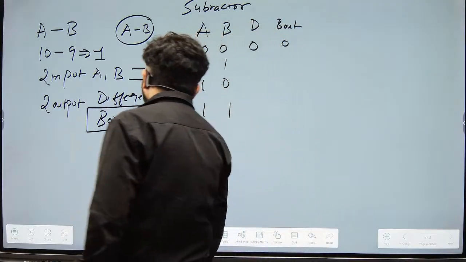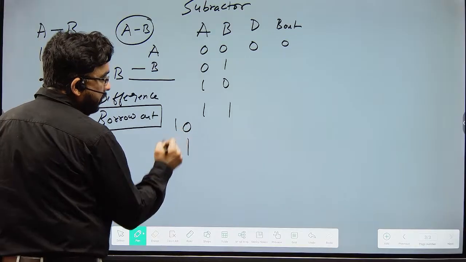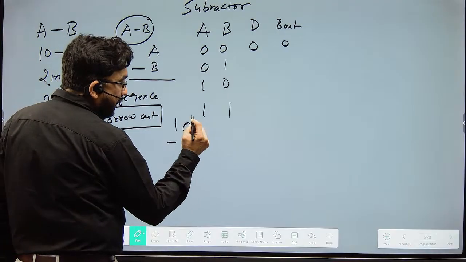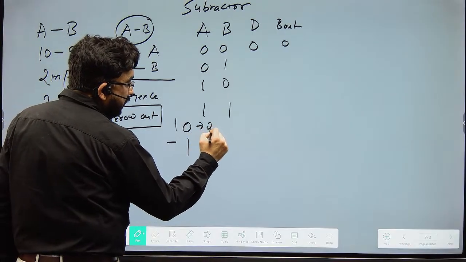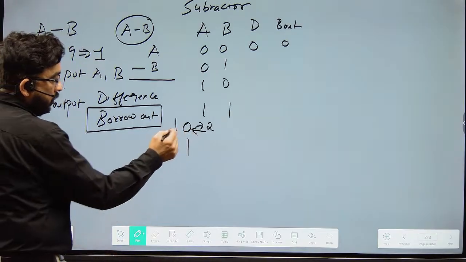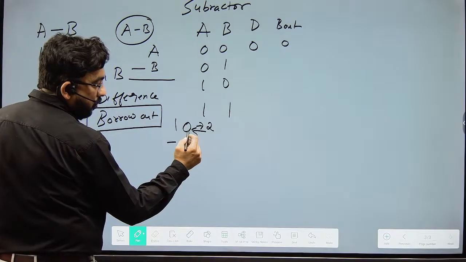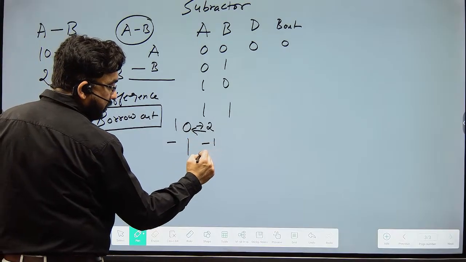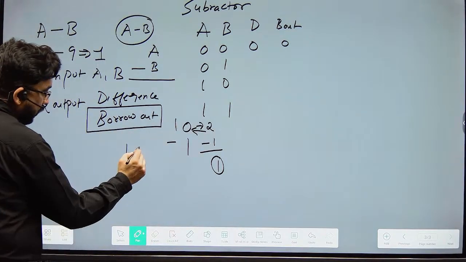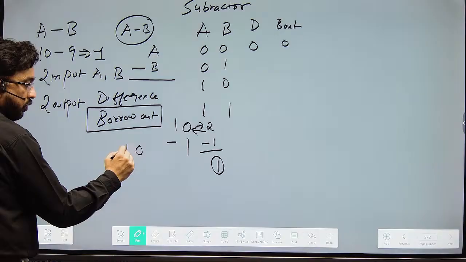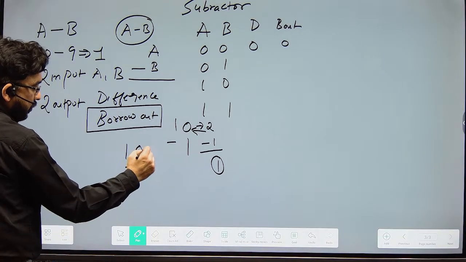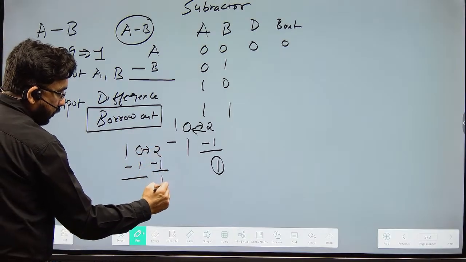So in that case, we provide 1, and this 1 0 becomes 2, because the binary of 2 is 1 0. Now 2 minus 1 is 1.